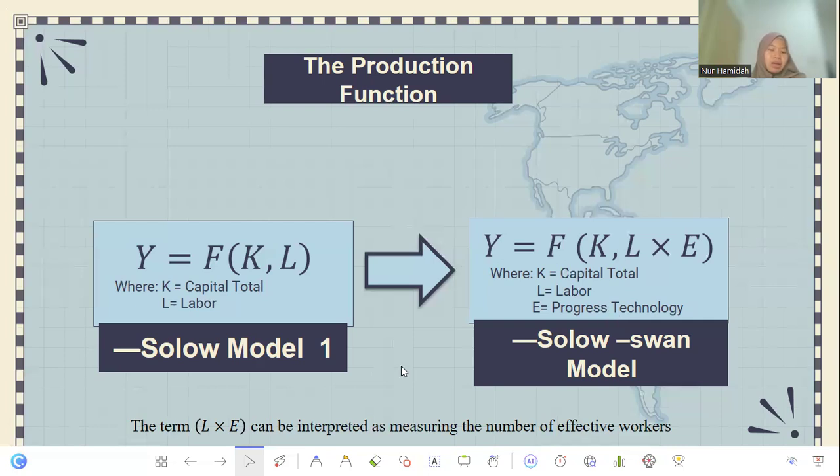The term L times E can be interpreted as measuring the number of effective workers.